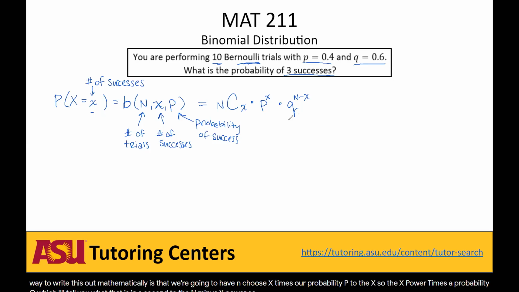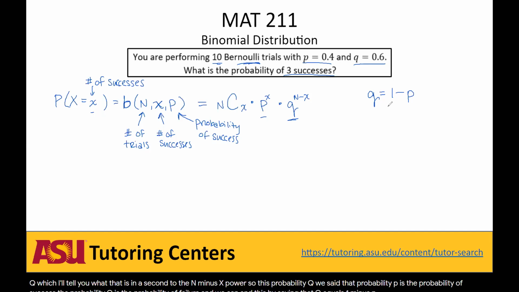We said that probability p is the probability of success. The probability q is the probability of failure, and we can find this by saying that q equals 1 minus p. This is always true with respect to binomial distributions.